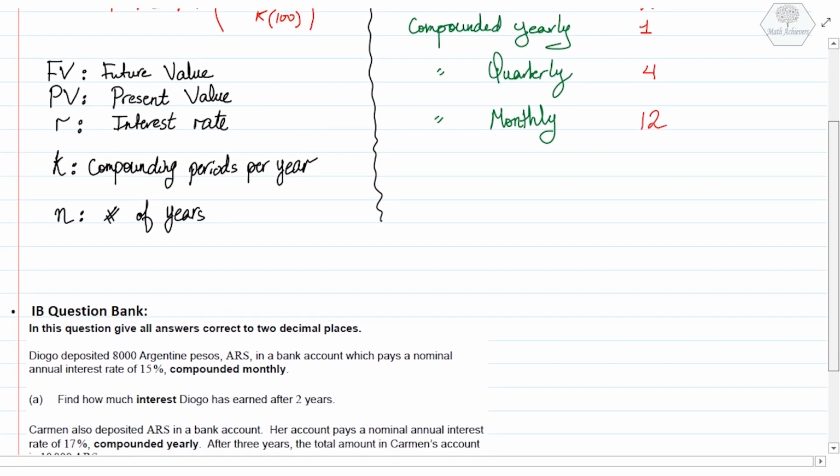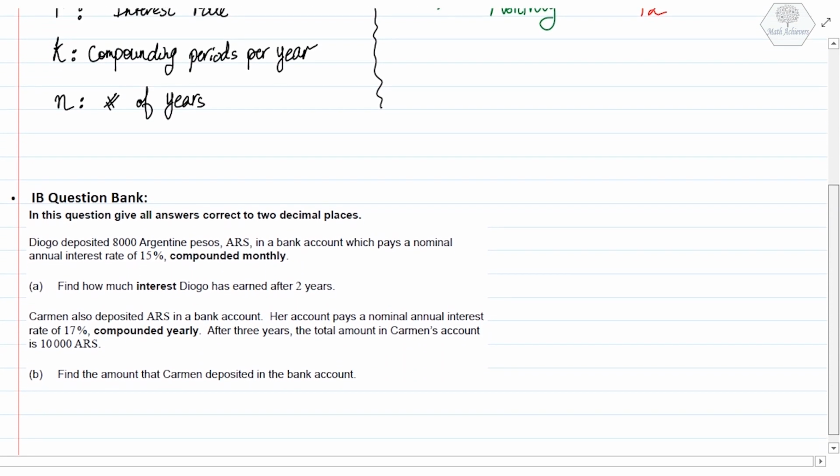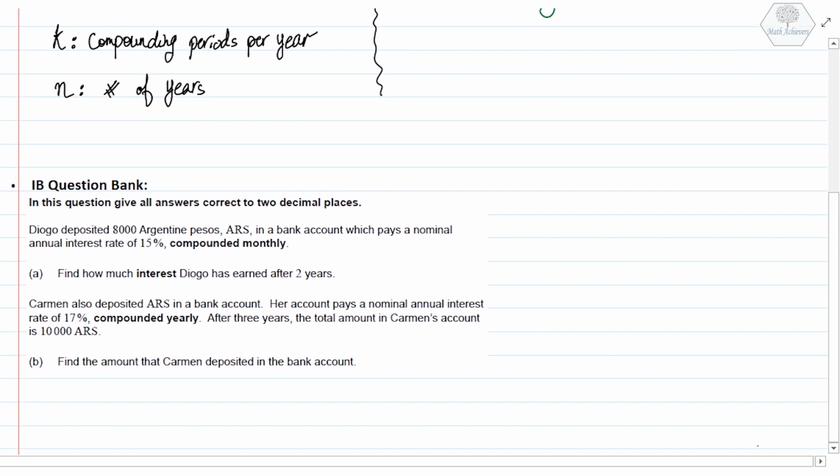Let's solve a question from the IB question bank now. In this question, give all answers correct to 2 decimal places. Diego deposits 8,000 Argentine pesos, ARS, in a bank account which pays a nominal annual interest rate R equal to 15%, compounded monthly.